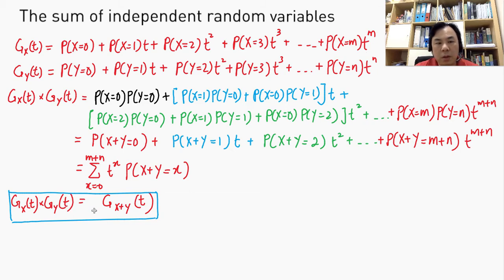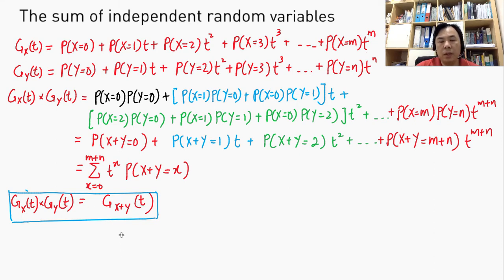So let me rephrase again. The sum of their probability generating function is the same as the product of their individual probability generating functions, provided, of course, both the x and y events are independent in this case. Right. So this is the main result here.